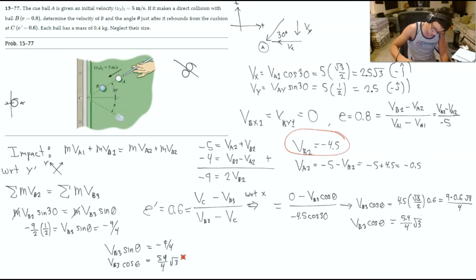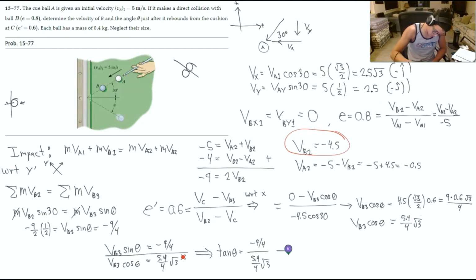And what happens if we just divide these? Well, we get tangent theta is equal to negative 9 over 4, and then we get 5.4 divided by 4 square root 3.